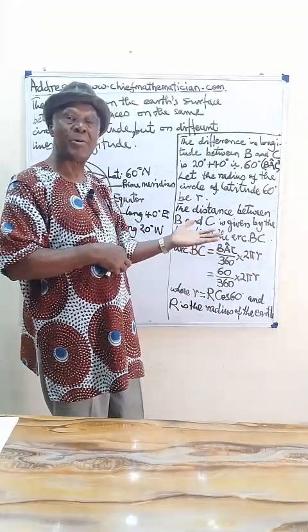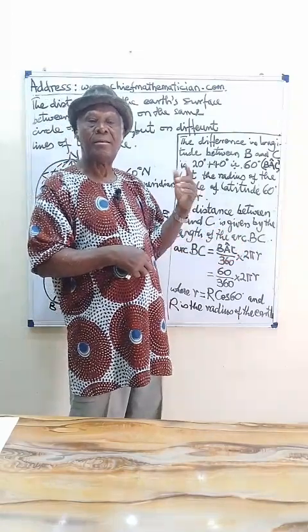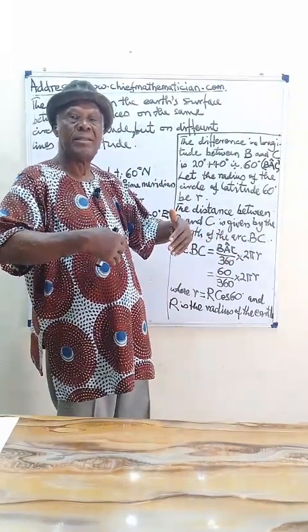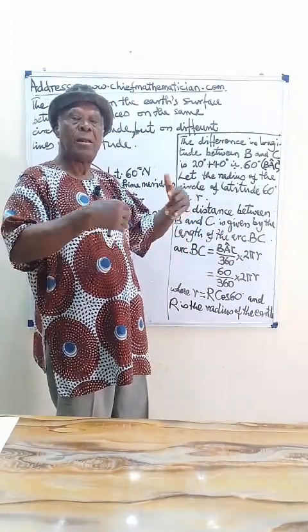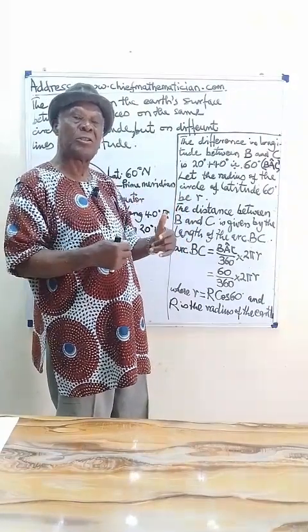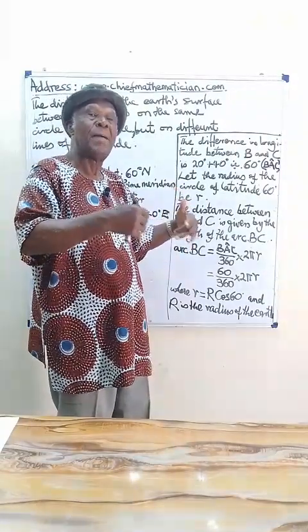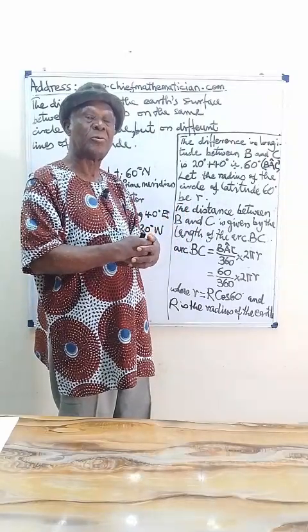So this is how we can calculate the distance between two places on the earth's surface, lying on different lines of longitude but on the same circle of latitude.